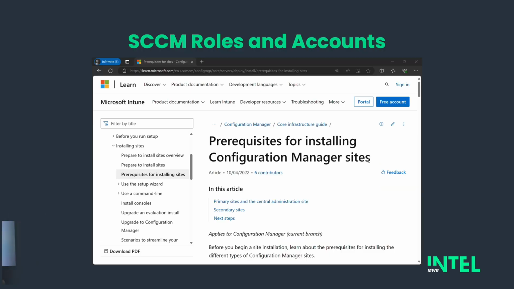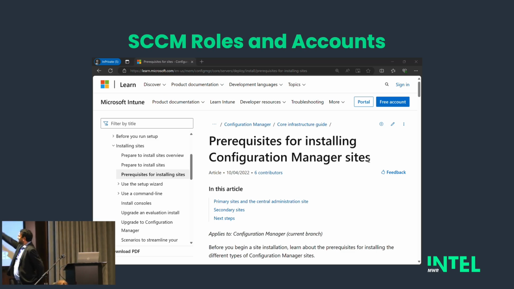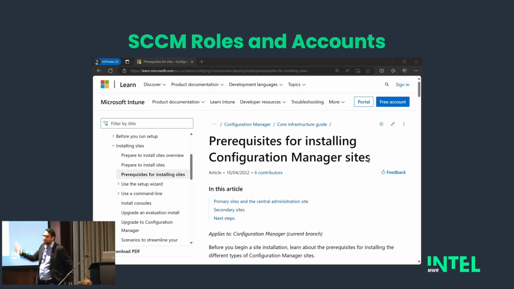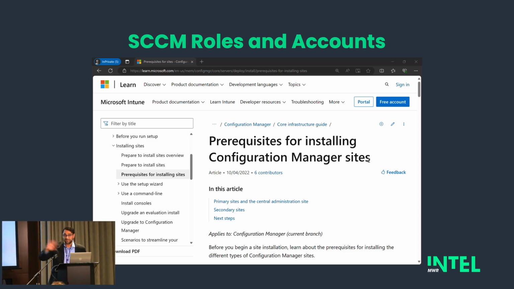Okay, then let's talk quickly about the different roles we've already touched on and why those roles exist. SCCM has a lot of complexity around configuration. As an example, this is just Microsoft's page on how to configure SCCM. I'll stop at this highlighted block here. You see this line says computer account as administrator. This is specifically talking about the central administration site, but it doesn't matter.